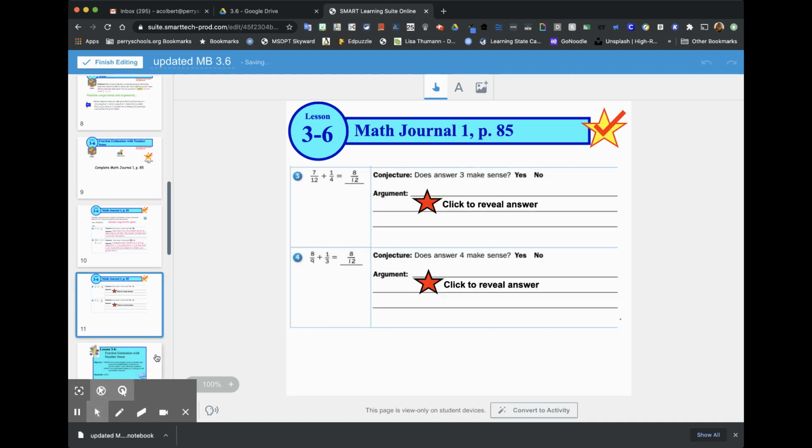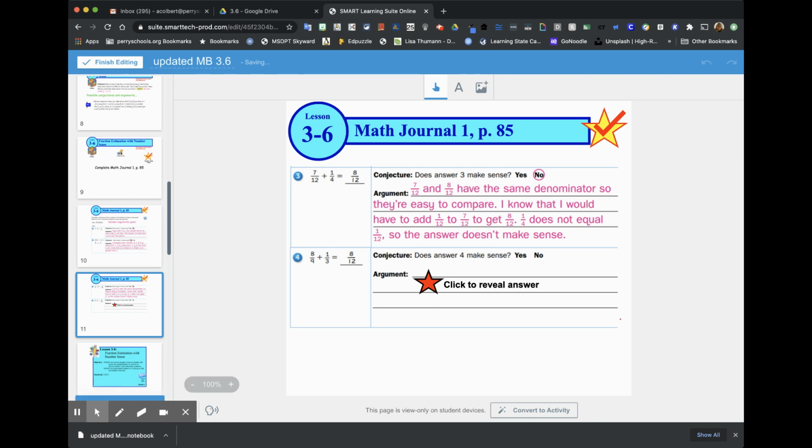Moving on to number 3. Number 3, no, the conjecture does not make sense because 7/12 and 8/12 have the same denominator, so they're easy to compare. I know that I would have to add 1/12 to 7/12 to get 8/12. 1/4 is not equal to 1/12, so your answer does not make sense.